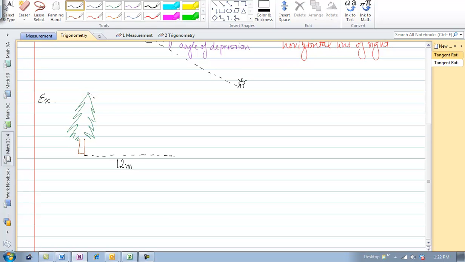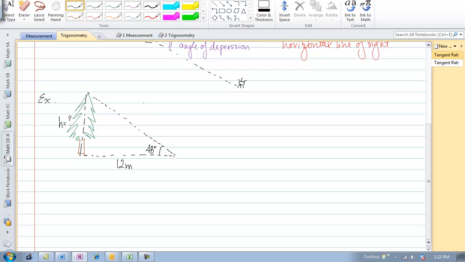We also have a tool that we'll talk about soon enough that allows us to measure that angle of elevation, so that sight line to the very top of the tree, and we've measured that angle to be 48 degrees. So let's say that we want to determine the height of the tree.